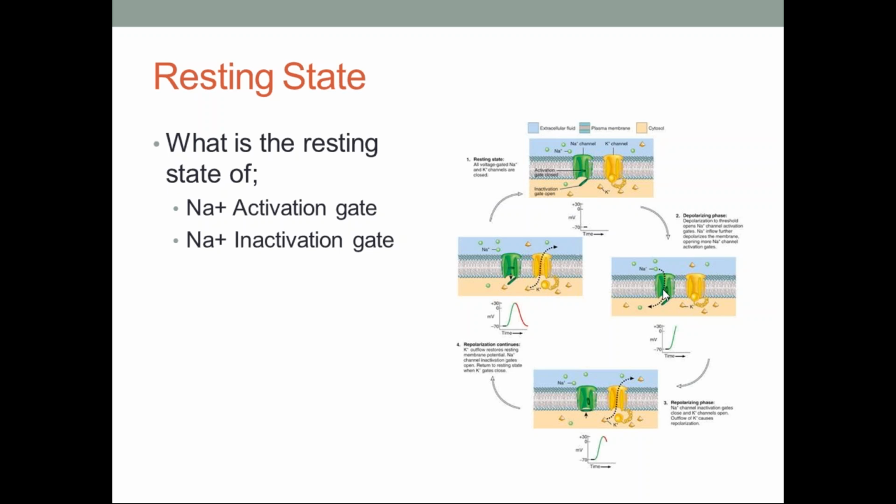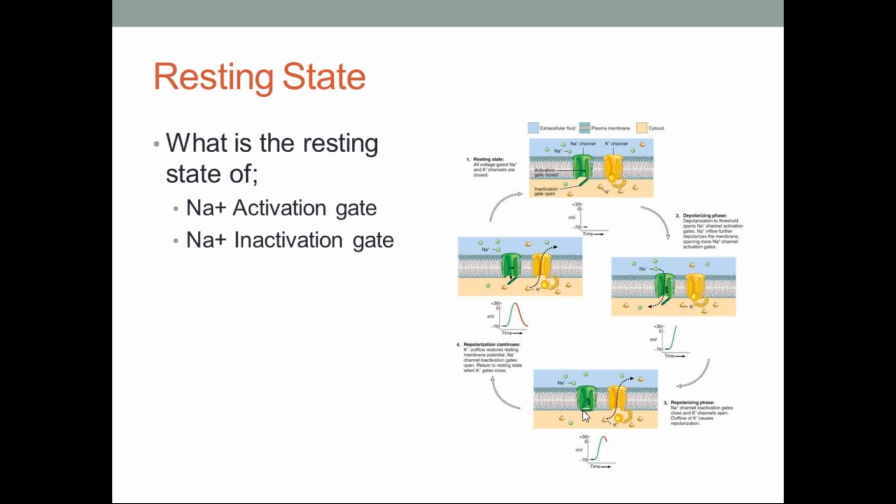When you get the stimulus of minus 55, the activation gate opens and sodium rushes in. The positively charged sodium goes through that channel and brings the inside of the membrane up to plus 30. Plus 30 is the trigger for the inactivation gate to close.